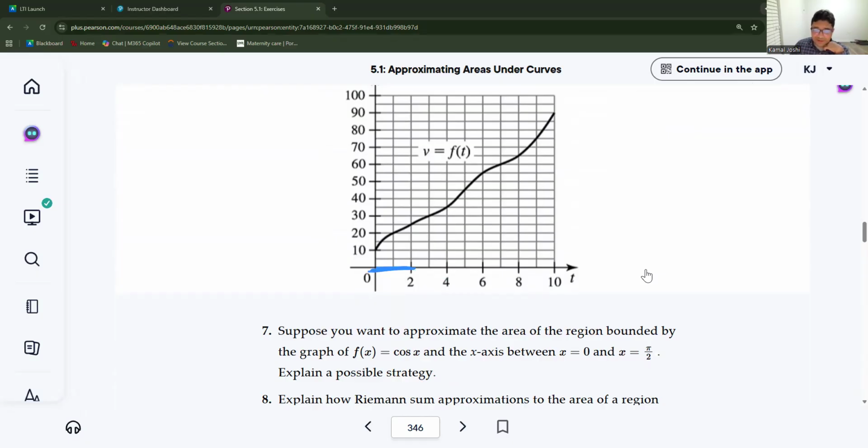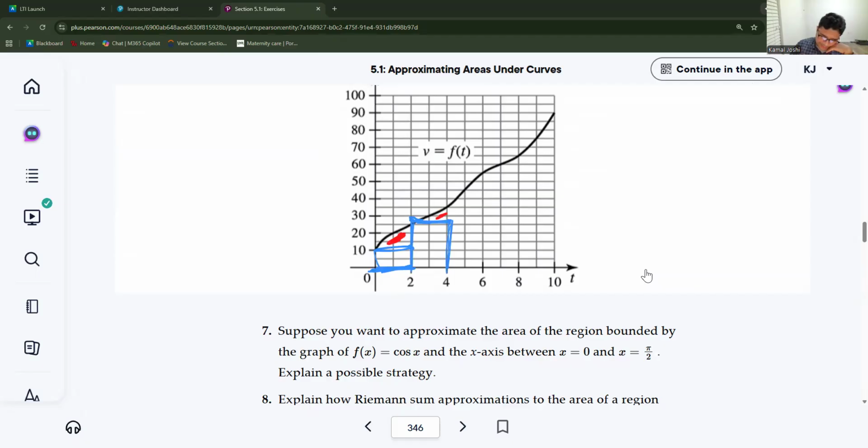In that interval, you use your left endpoint, then that means this is the rectangle you are going to consider. So clearly you can see from 2 to 4, you will be using this rectangle. And there are parts you are going to be missing, right? This part is going to be missing, that part is going to be missing. So the left endpoints will give you underestimate.